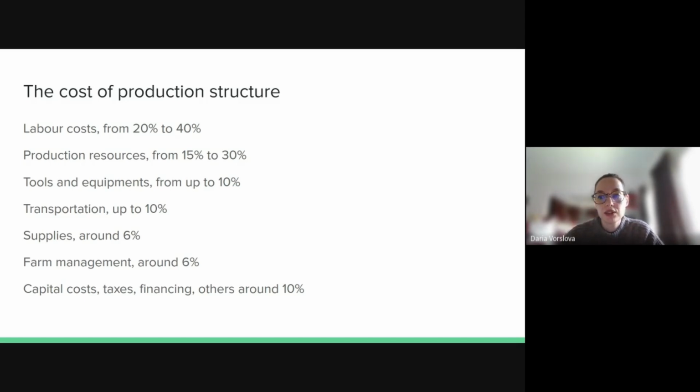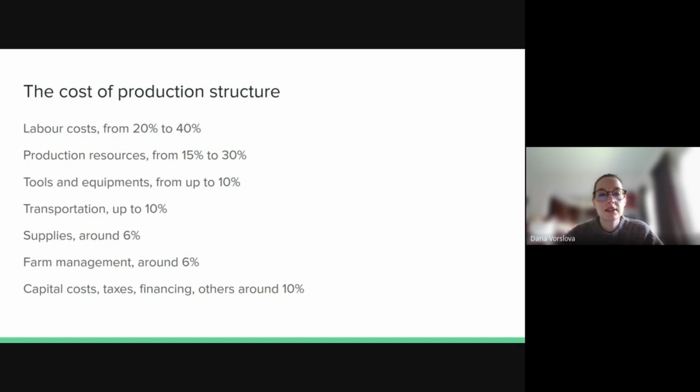And of course, they need to pay banks rates and returns, and it's also part of the cost of production structure. It's actually a big problem for farmers, because usually banks don't finance farmers, because farmers don't have any education to do this kind of stuff.